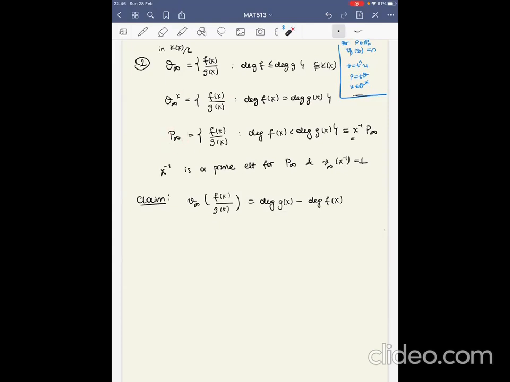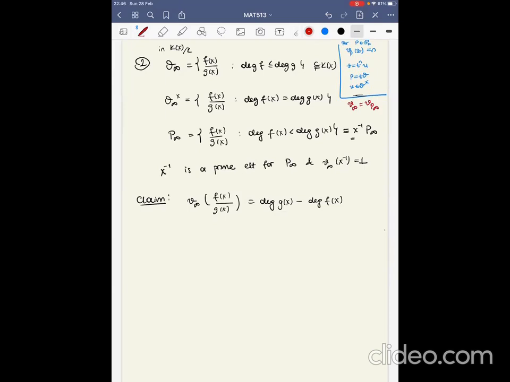P infinity will be the maximal ideal, and it will be generated by X inverse, the transcendental X here. In other words, X inverse is a prime element for P infinity. When we consider the discrete valuation map, let me use the notation V infinity for the place P infinity.